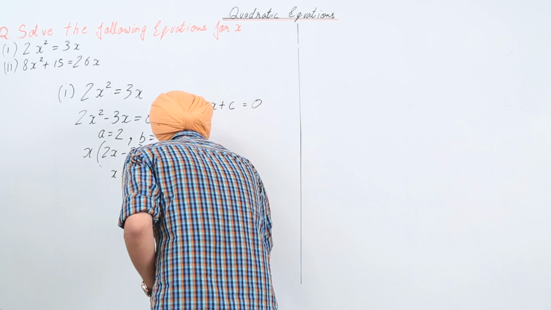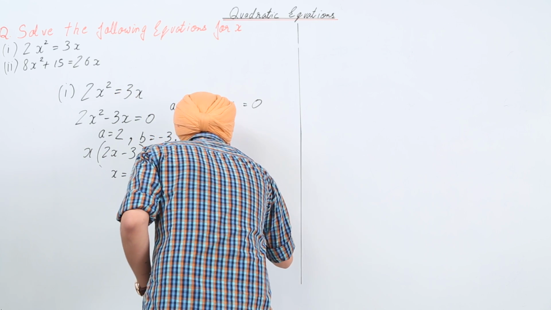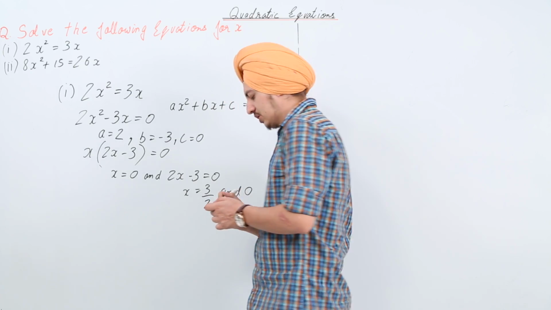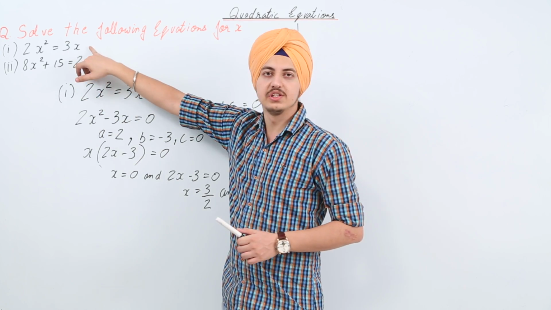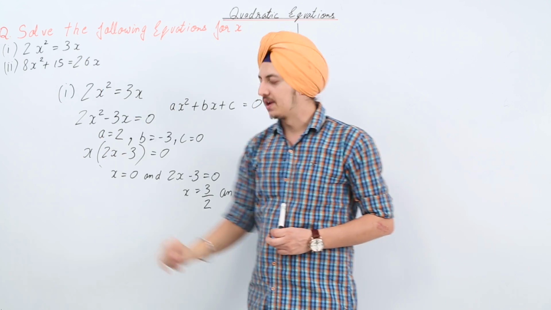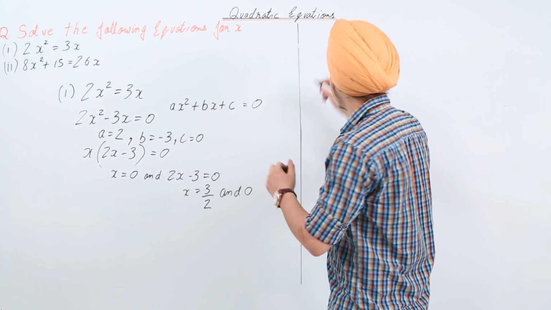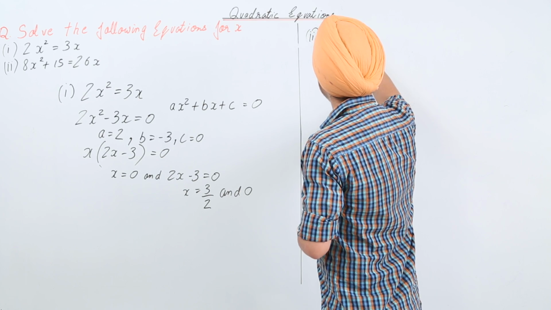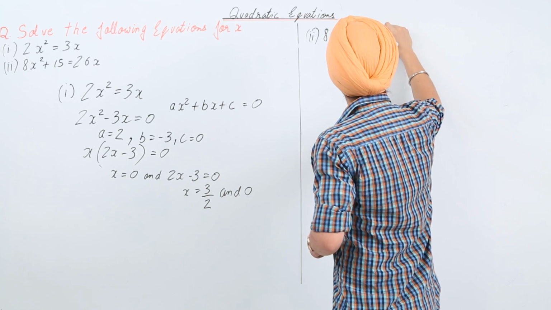So x becomes 3 by 2 and 0. So these are the two values of x for which this equation is satisfied. Clear? Now we move on to the second part.